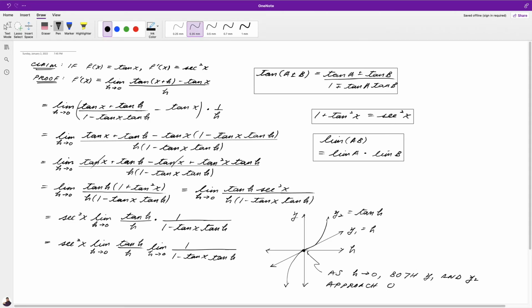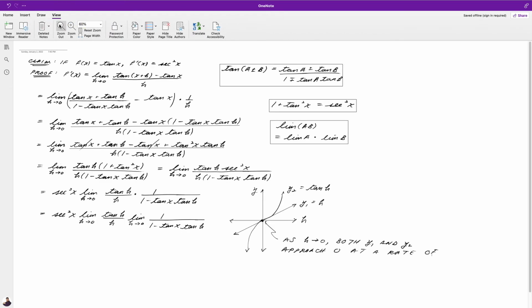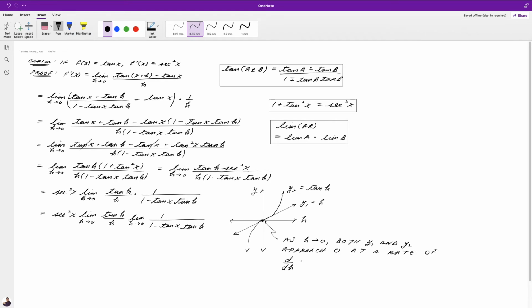And moreover, at a rate of d/dh equal to 1. So if you were to zoom in on this, you would find that the graph of tangent of h and the graph of h are virtually indistinguishable.